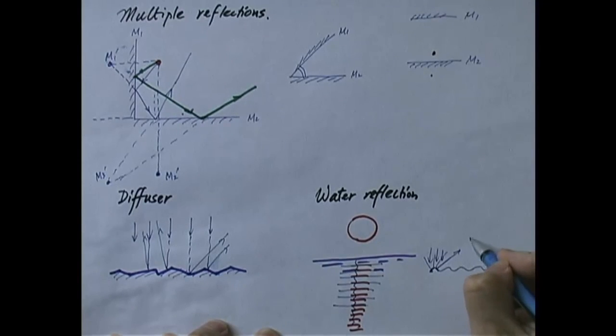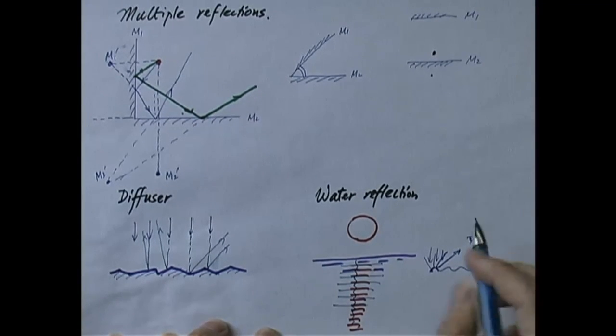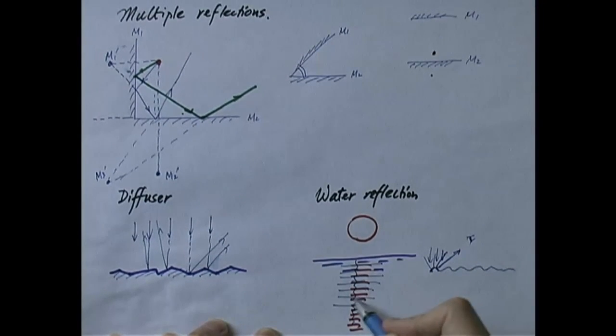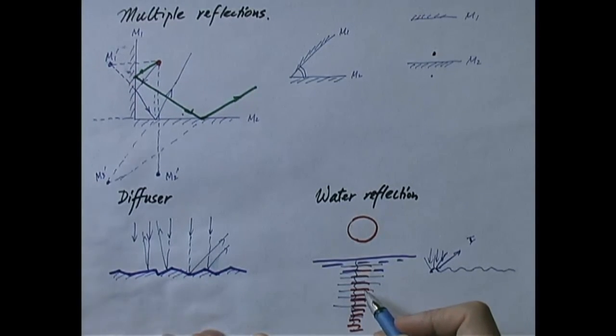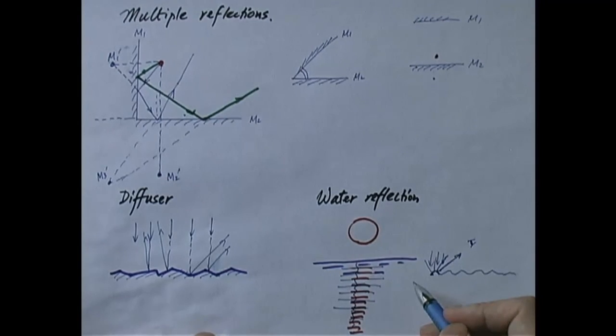For example, if your eye is here, you're not going to see those light rays, but you're going to see this. That is why over a very long distance, you are going to see reflections. It's because of these ripples or ridges. That is why you have the so-called tapering.